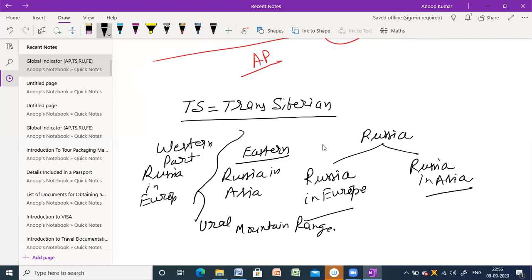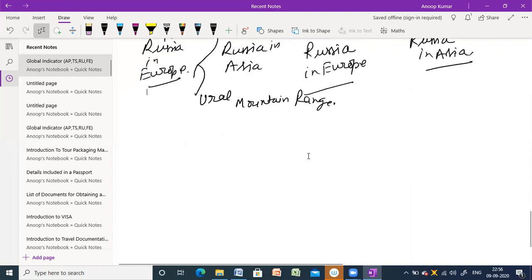Just for your information, two important cities of Russia, Moscow and Saint Petersburg, both come under Russia in Europe. I will show you this on the map also.